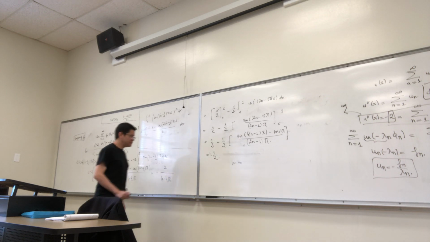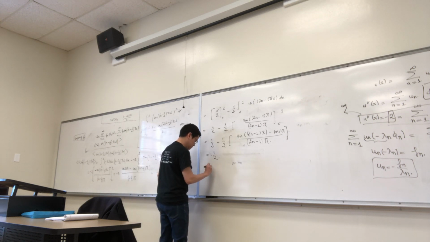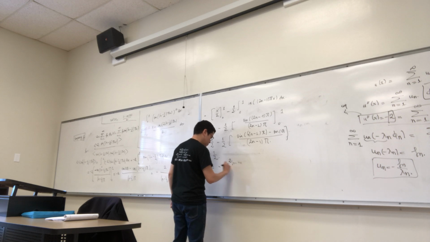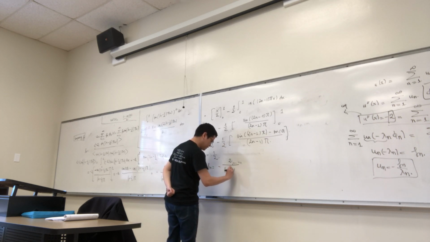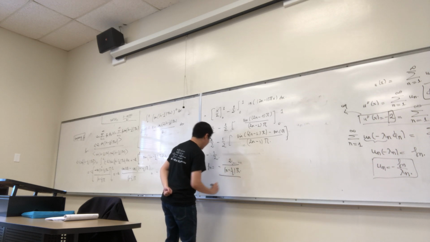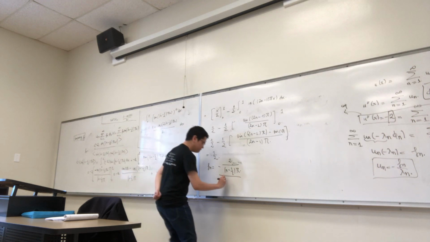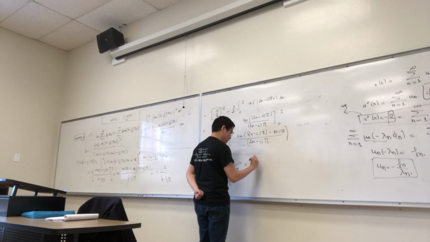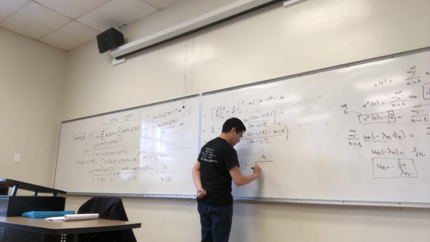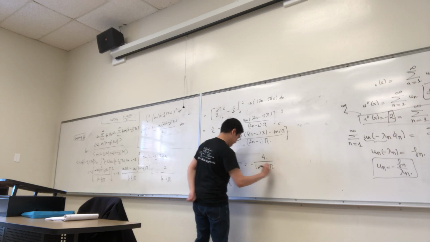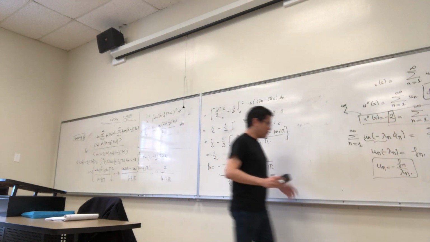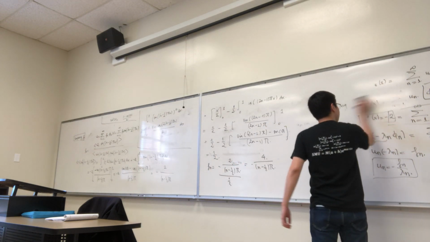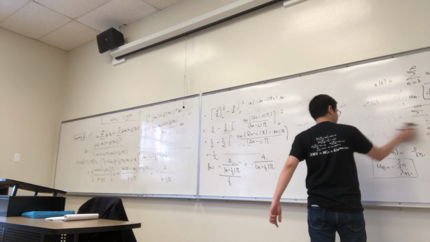So now Fn will be minus 2 divided by (n minus 1/2) pi, divided by 1/2. So then I have minus 4 over (n minus 1/2) pi. Alright? It's clear? So now I can have un, right?